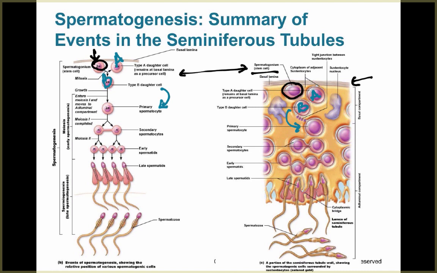If you notice right here, you'll see there's a tight junction during that process. Do you see that guy right there? We're going to talk a little bit later about these tight junctions, but just to let you know, they form the blood testis barrier. As I was telling you earlier, sperm aren't formed until puberty, right?